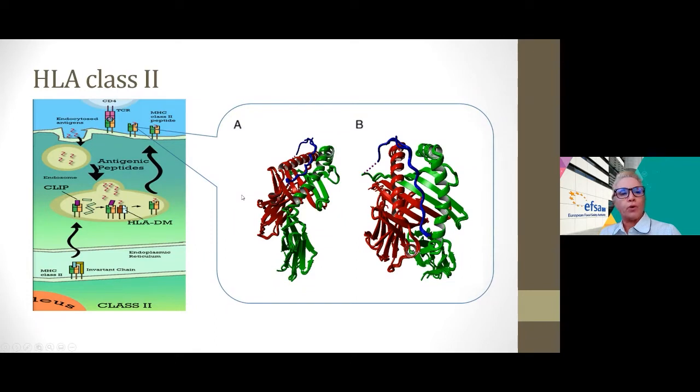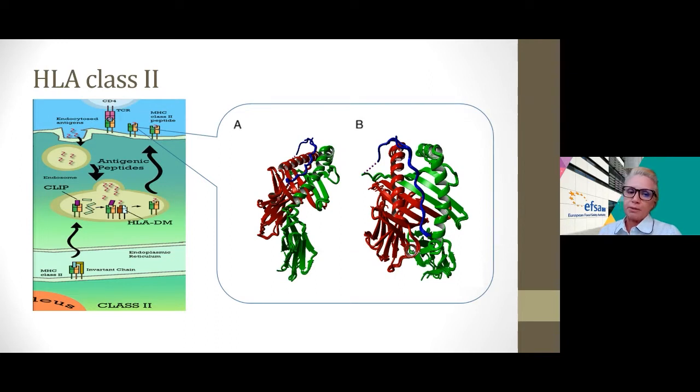HLA stands for human leukocyte antigens. These are human MHC proteins. And these proteins are involved in the antigen processing in the cell. Initially, the antigen is endocytosed. In the endosome, it's cleaved into oligopeptides that bind to specific HLA proteins.